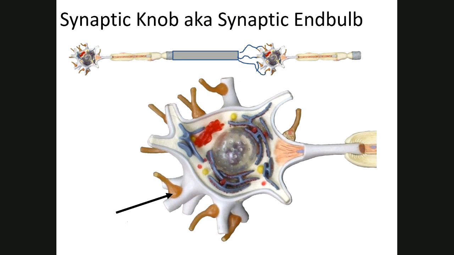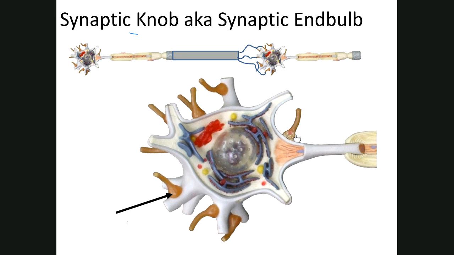That is going to be called the synaptic knob or synaptic end bulb. That's where the neurotransmitters are going to be located. So if we zoom in, if you look closely on this one, here's the telodendria.